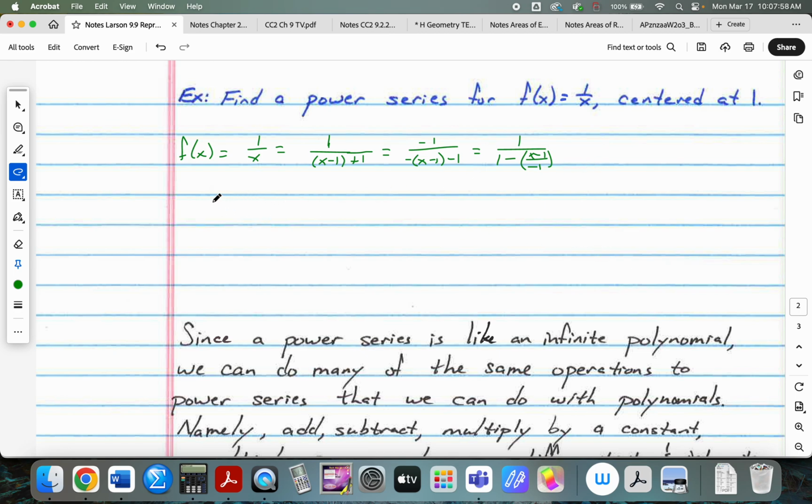So our series will be the summation as n goes from 0 to infinity. A is 1, so we don't have to worry about that. This will just be x minus 1 over negative 1 to the nth power.